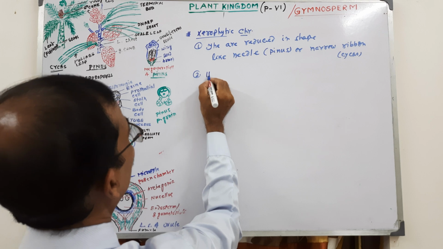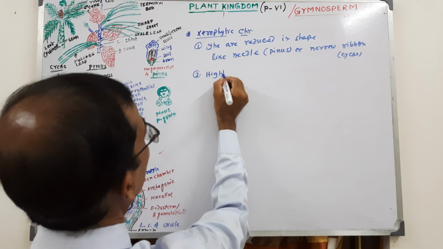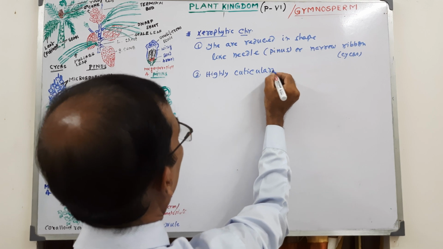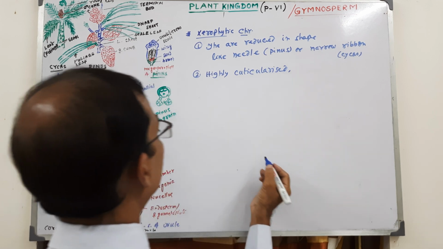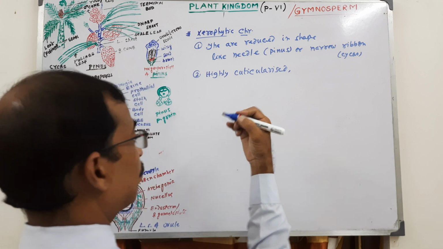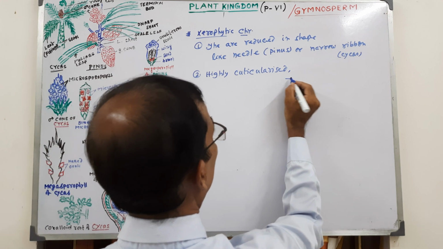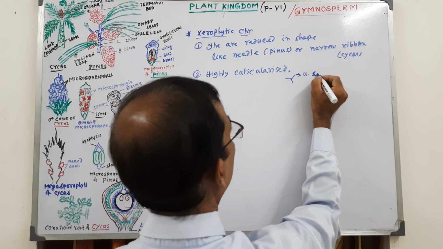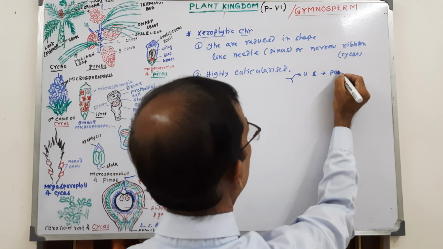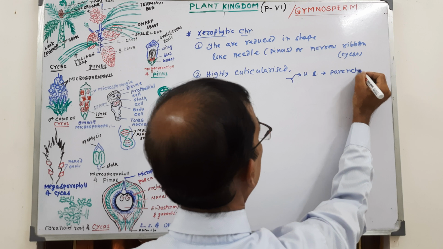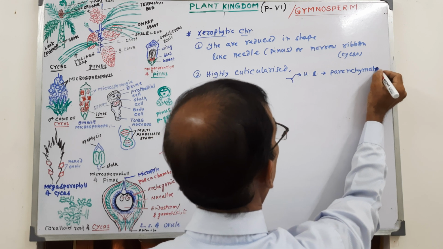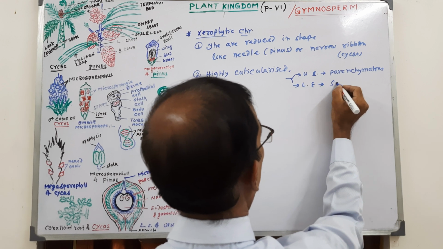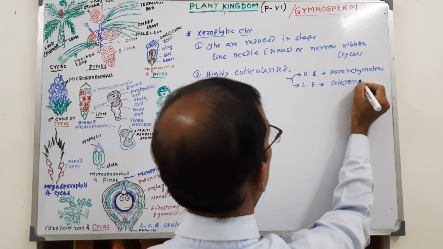Number 1, highly cuticularized. And in case of Cycas, a two-layered epidermis: the upper epidermis is parenchymatous and the lower epidermis is sclerenchymatous.